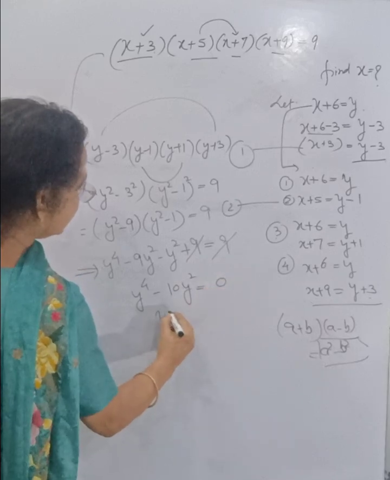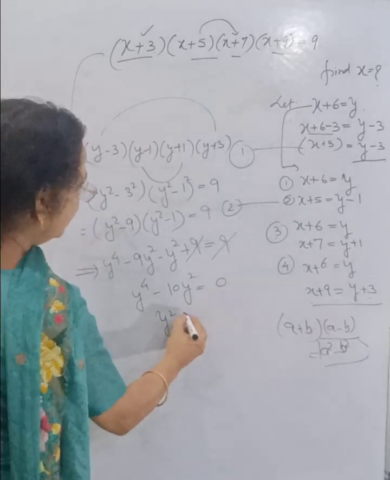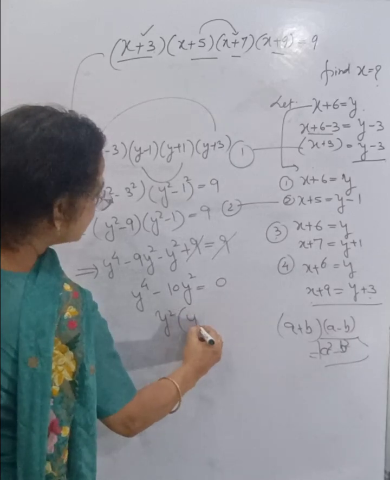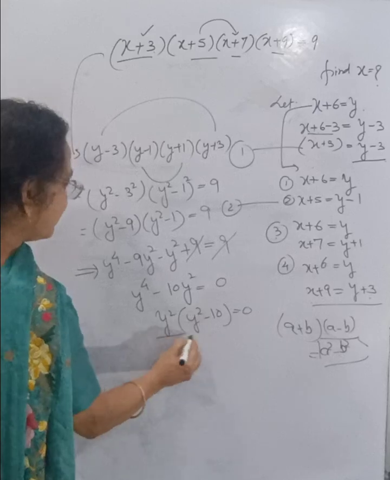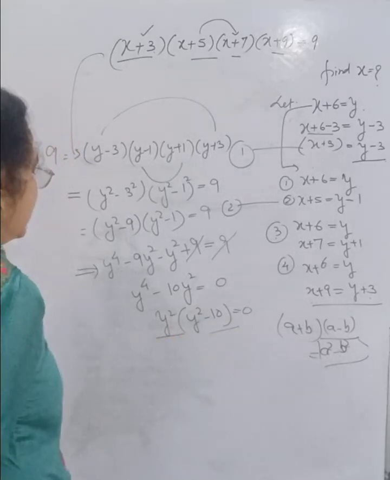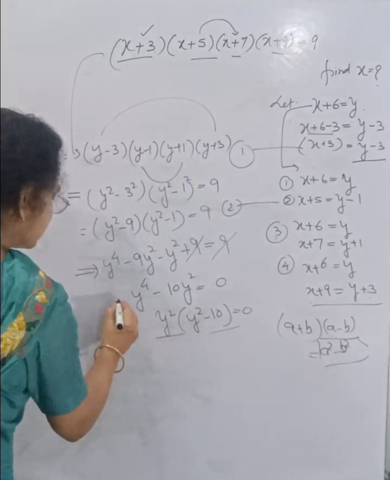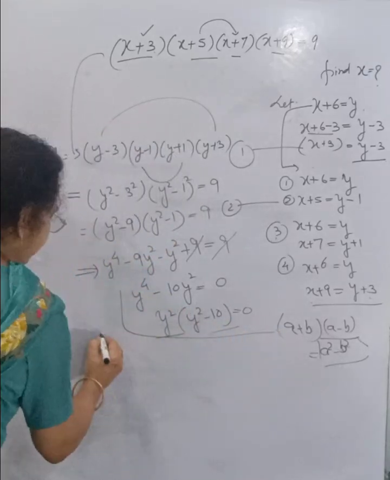y square can be taken as common. We will get here y square (y square minus 10) is equal to 0. Now two values of y we are having here. Either y square is equal to 0, case first.